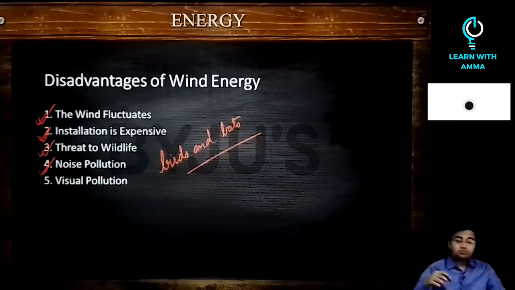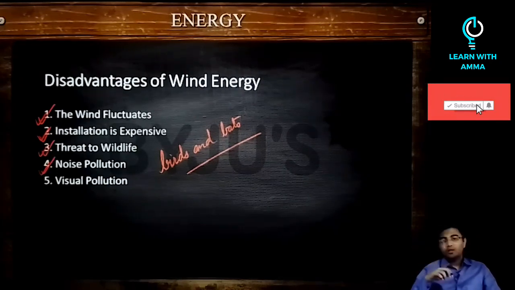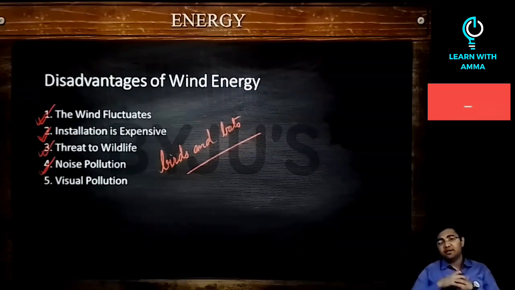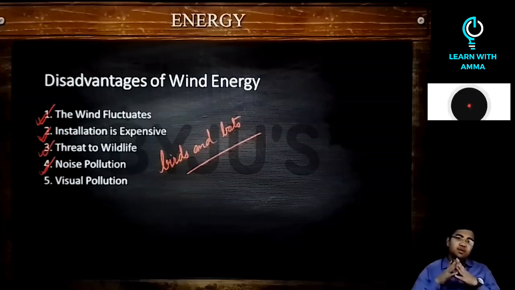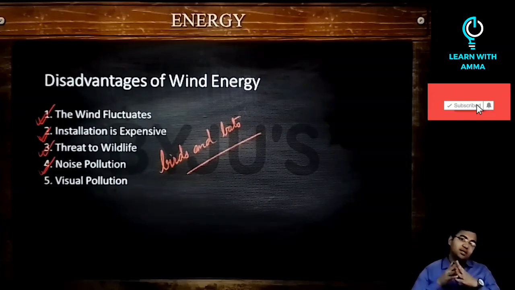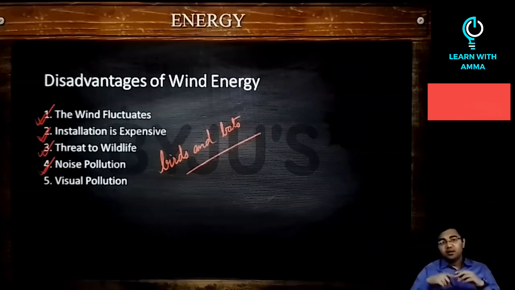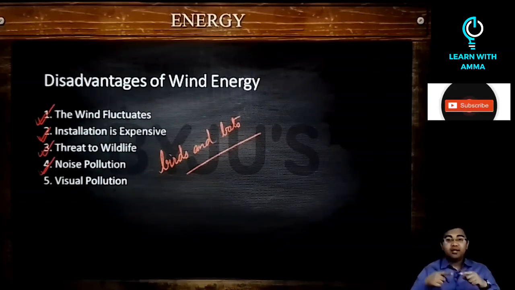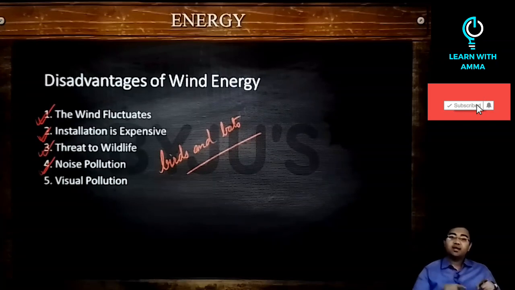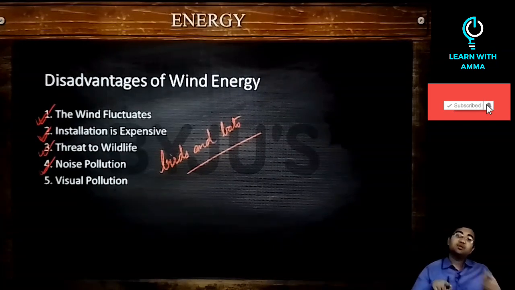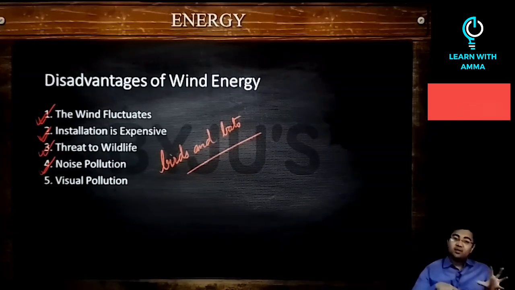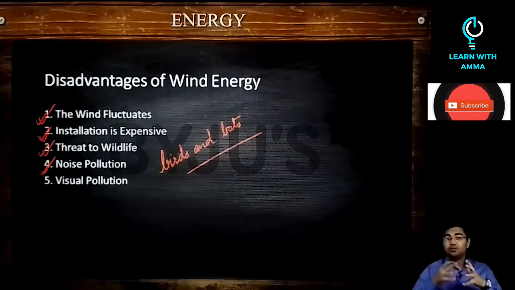Then the noise pollution. One of the most significant disadvantages associated with wind turbines is the noise pollution that they generate. A single wind turbine can be heard from hundreds of meters away. Combine multiple wind turbines in a given area and the audible effects are much, much greater. So that's why they are a source of noise pollution.